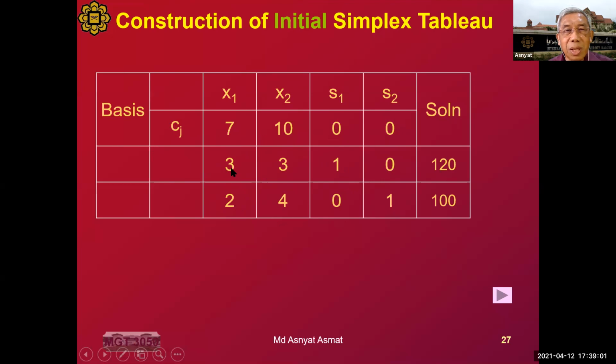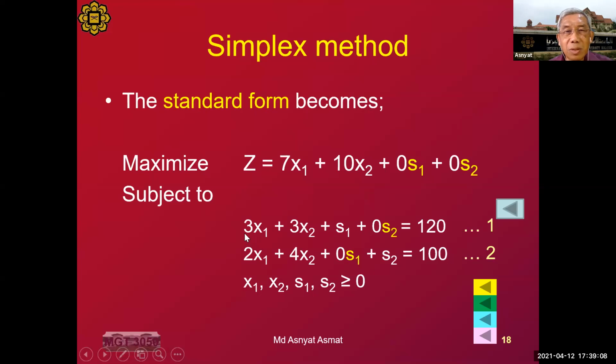Okay, let's look at this 3, 3, 1, 0, 120. This is the coefficient of the constraint 3, 3, 1, 0, 120. 120 is the right-hand side value we write in the solution column. This 3, 3, 1, 0 is written in the A matrix.